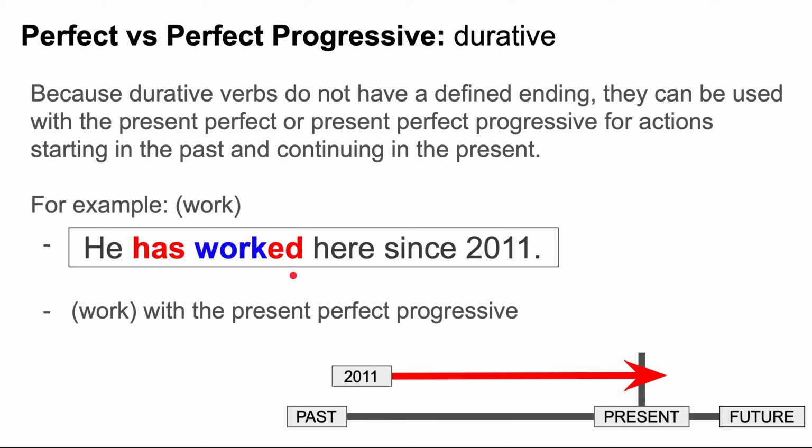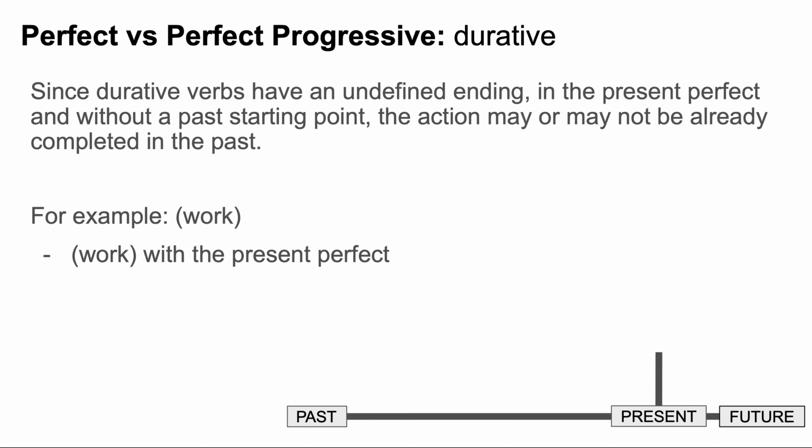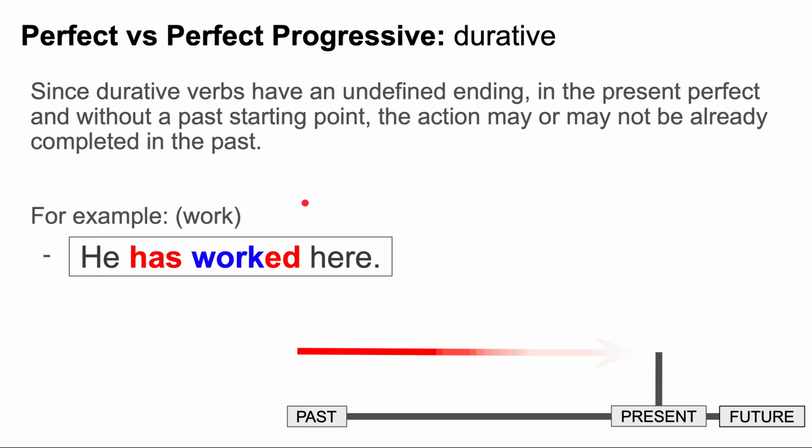With the present perfect progressive, he has been working here since 2011. Once again, since durative verbs have an undefined ending, in the present perfect and without a past starting point, the action may or may not be already completed in the past. For example, he has worked here could be a past experience or an action continuing in the present.